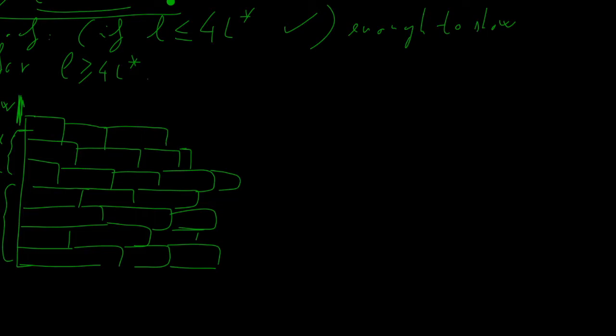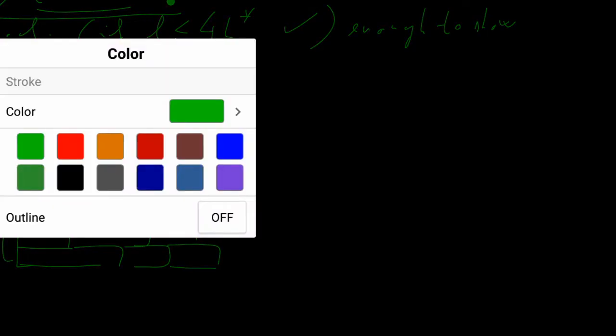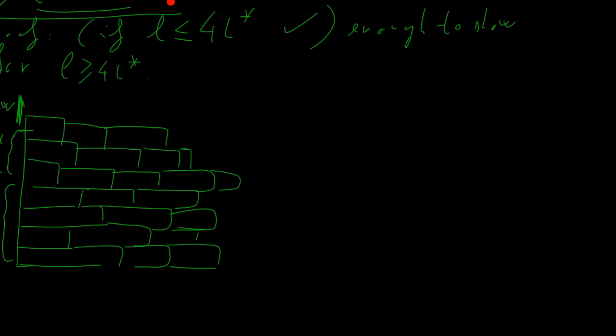It says that the fast machines have a load at least L, so this can be taken to be L here, and L being at least 4L star means that I can just draw a window here of width 2L star, and I will be still in the positive part, right?